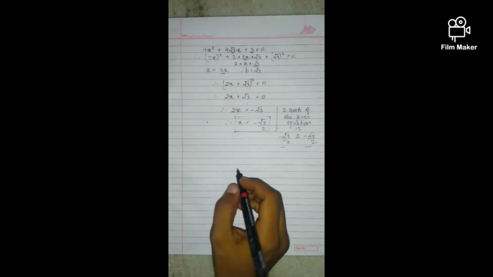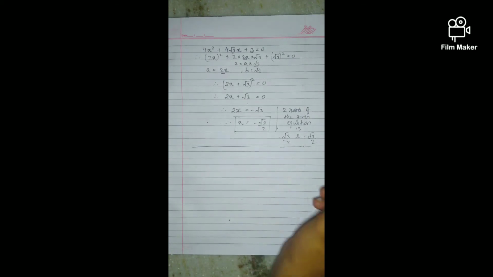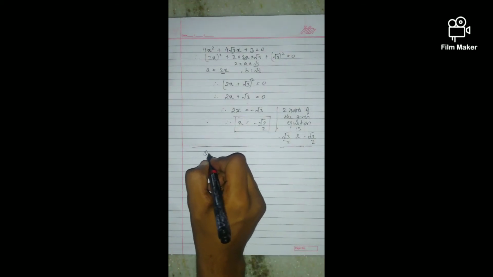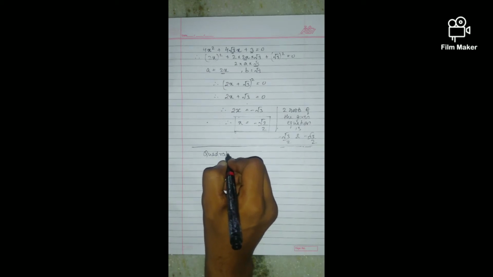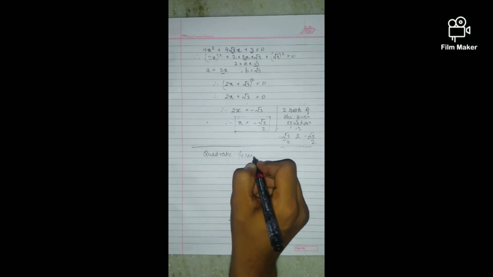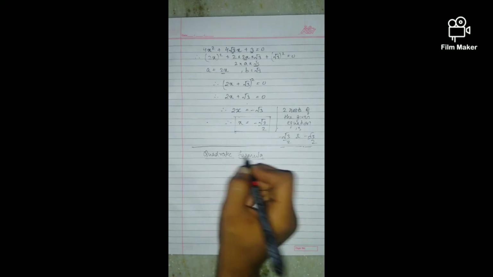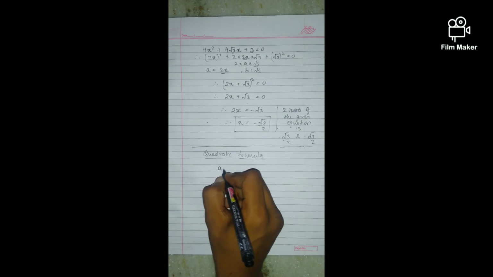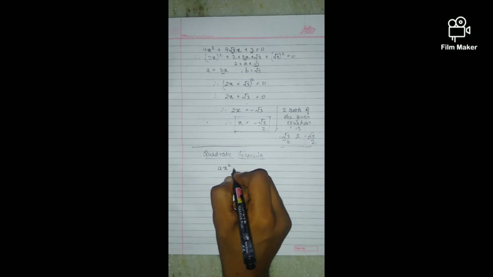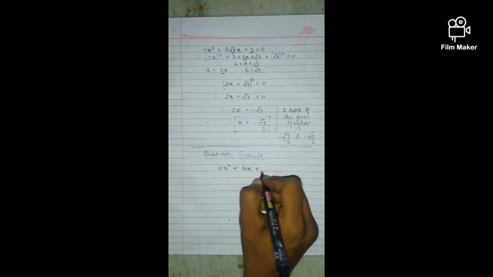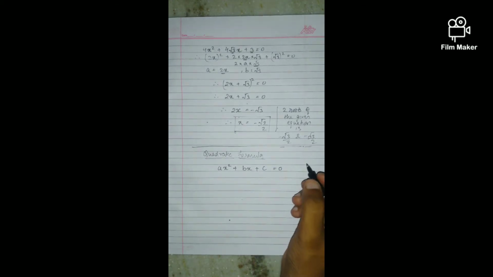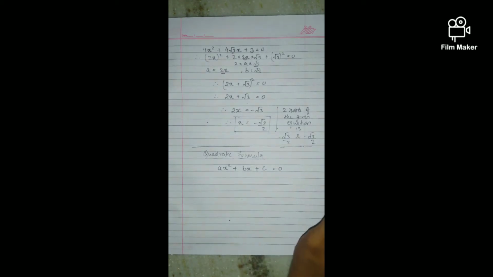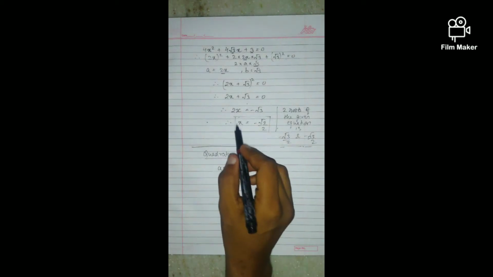Now, the final part of the exercise 4.3 that deals with the quadratic formula. What is this quadratic formula? Suppose we have a general equation ax square plus bx plus c is equals to 0, and we have to solve this equation by completing the square method, and we find the x value.